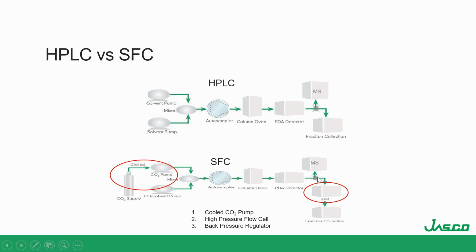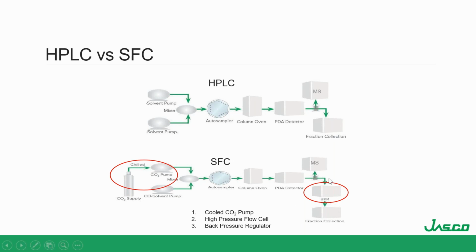But just downstream of the detector is really the major difference between these 2 techniques, what we call the back pressure regulator. Now, I mentioned in HPLC, when you come out of the column, you're on the low pressure side of the system. If we were to do that in SFC, basically CO2 would expand at a 500-to-1 rate. It would cool very rapidly, and you would never get a signal in your detector.